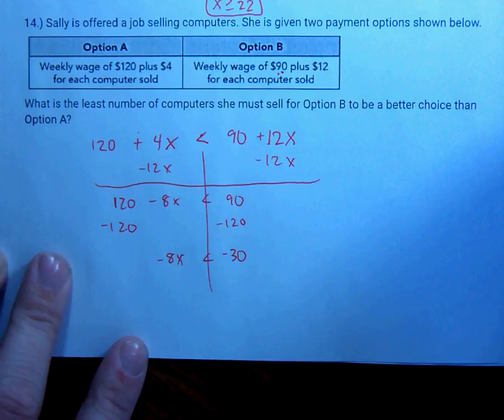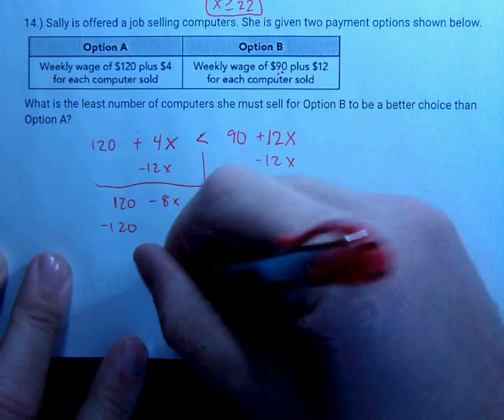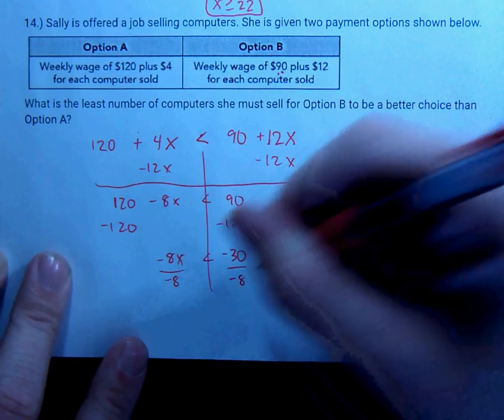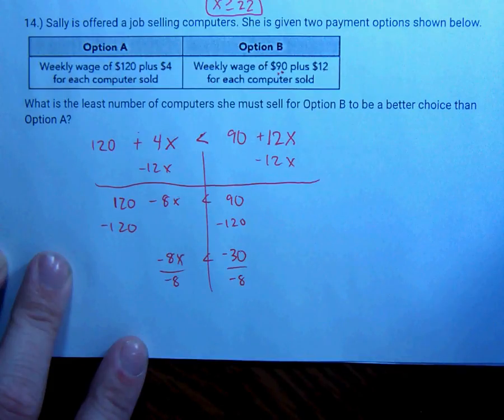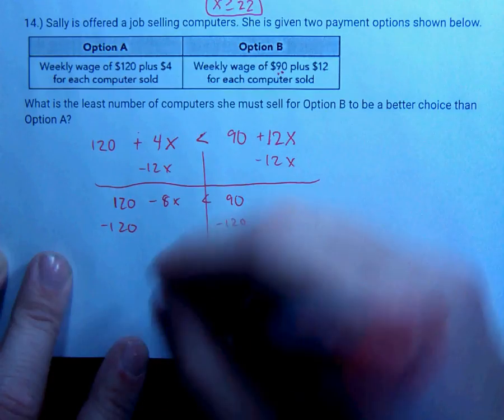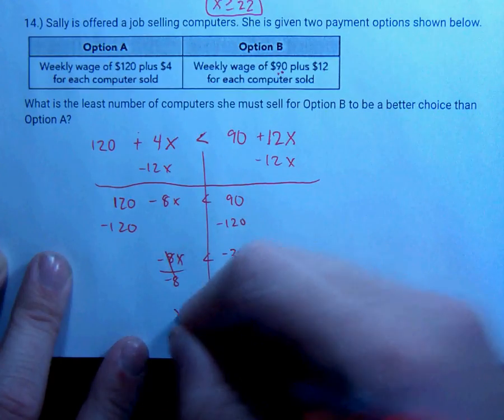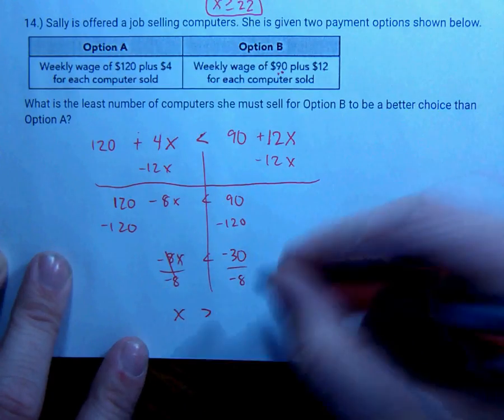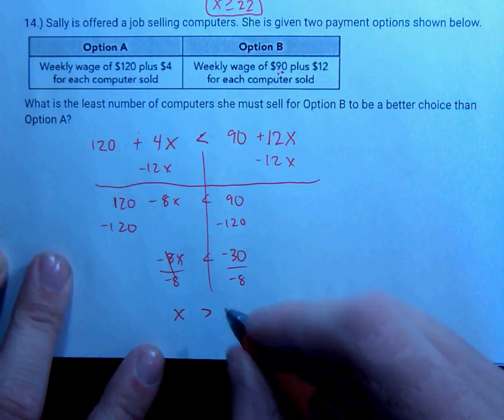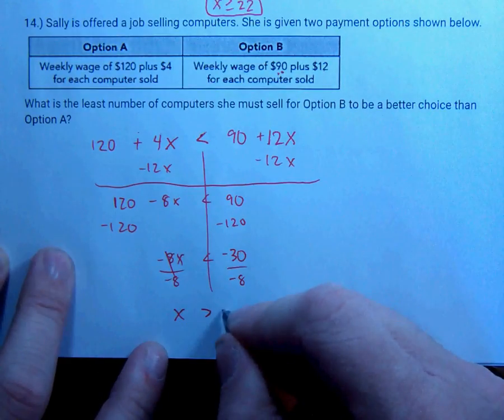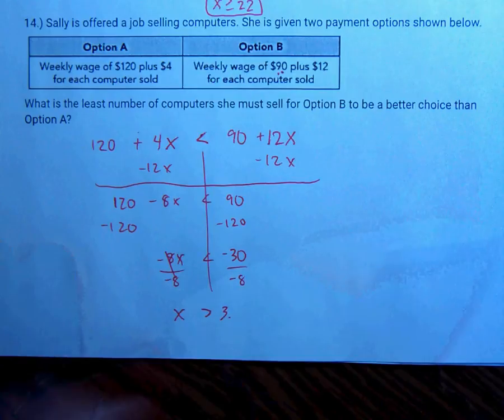I guess not. Divide by negative 8, divide by negative 8. I feel like it did something, which is going to ruin the end of this video. Anyways, divide by negative, that flips. Negative 30 divided by negative 8 is 3 point something. I definitely did something wrong.